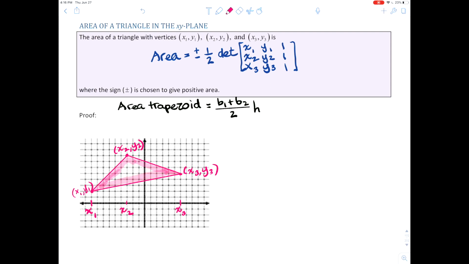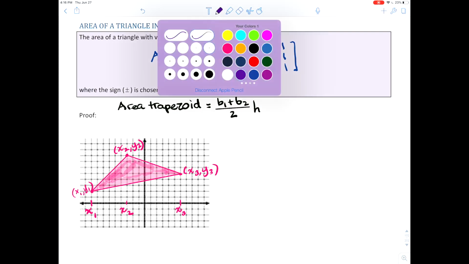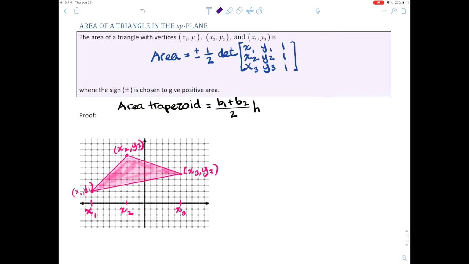So we're going to pretty much mess this up and then simplify it to show you why the area formula is what it is. Okay, so here we go. If we have our first trapezoid, so the area for trapezoid 1, okay?